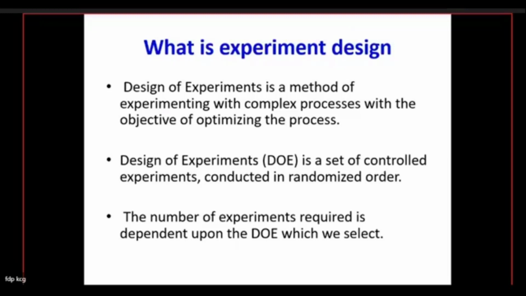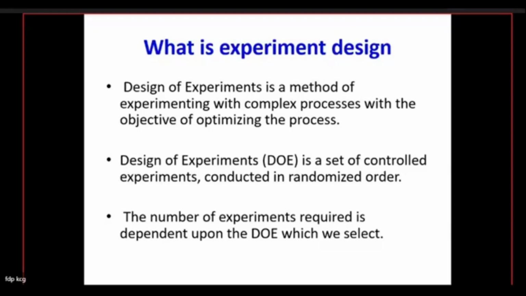That is an uncontrolled factor which is affecting your process, and we have to minimize this. For that reason, the best way of doing the experiment design is to randomize the order of the set of experiments. The number of experiments required depends on the type of design you are selecting.